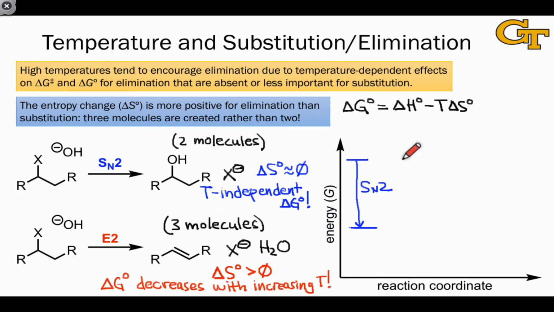So now let's lay down the thermodynamic energy change involved in the E2 reaction, and let's say we're at a very low temperature that minimizes the impact of that delta S term for the elimination on its free energy change. Higher temperatures will tend to pull down or make more negative delta G until a critical point where the favorability of elimination passes the favorability of Sn2, which is completely unaffected by this temperature change.